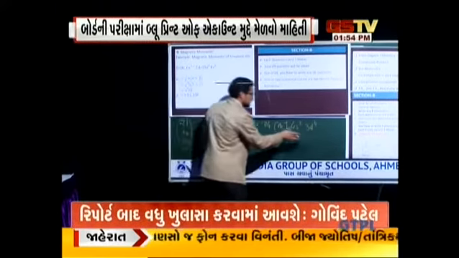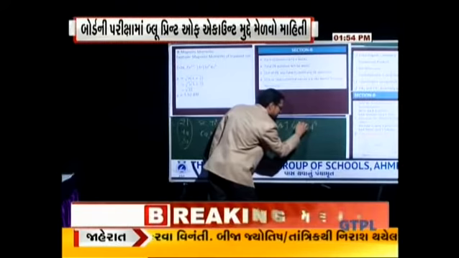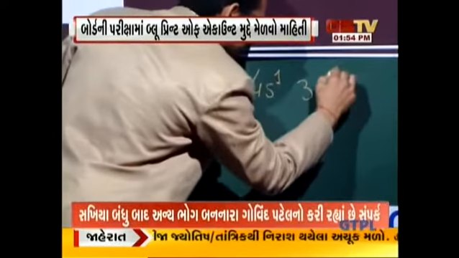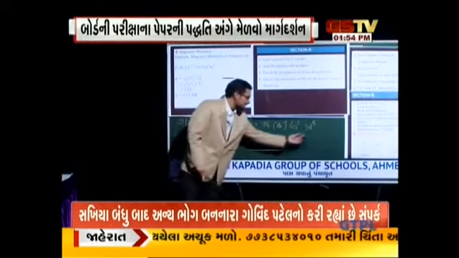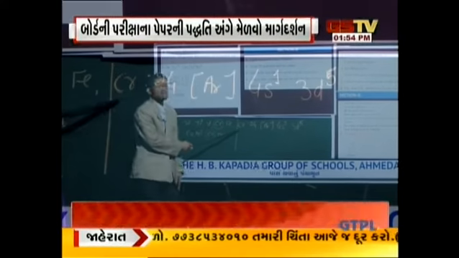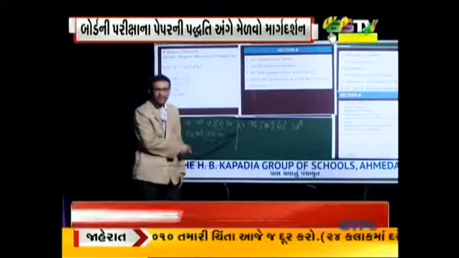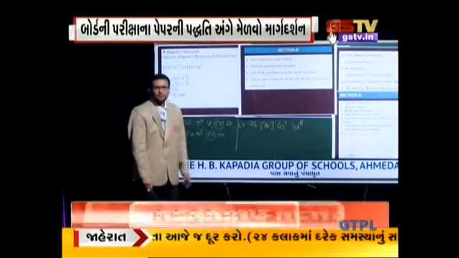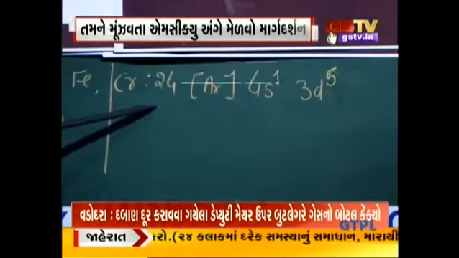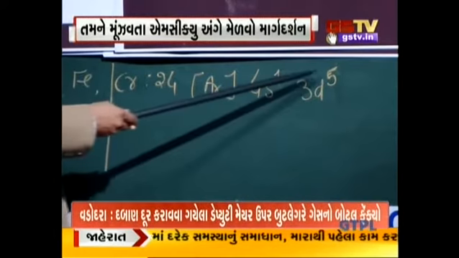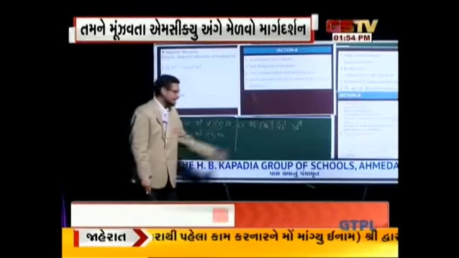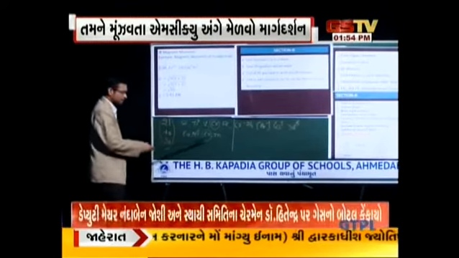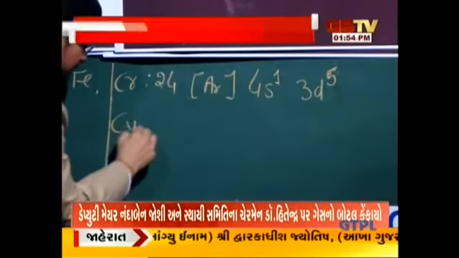So it will be 4s1 and 3d5. With these 5 electrons, chromium will be stable. So whenever you find a compound with the chromium element, you have to use the electronic configuration 4s1 3d5.